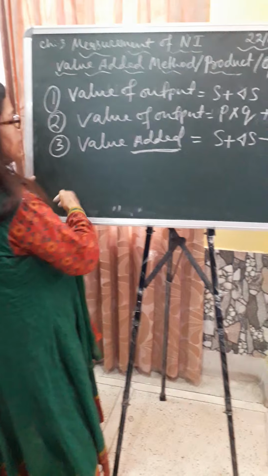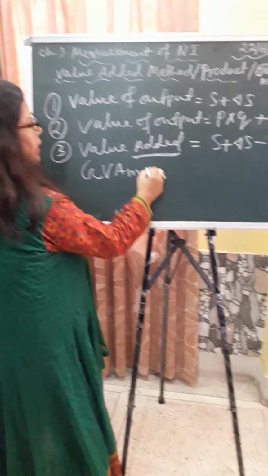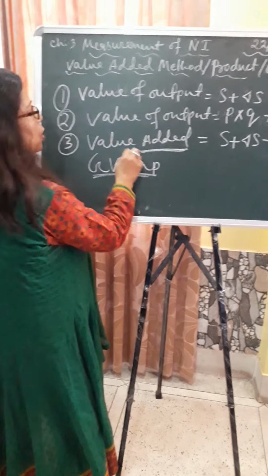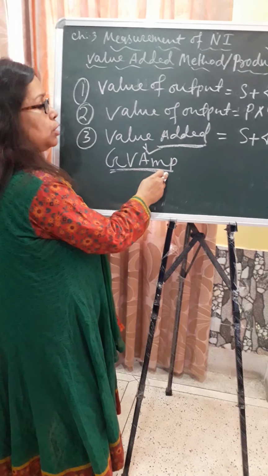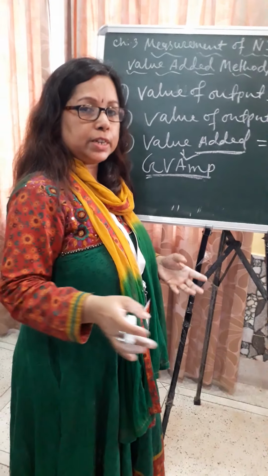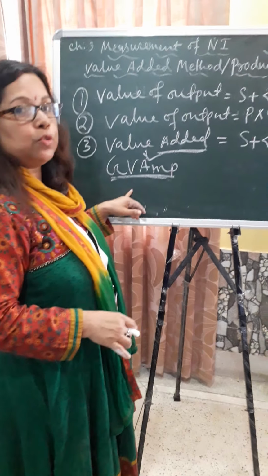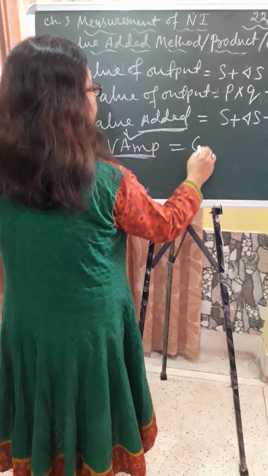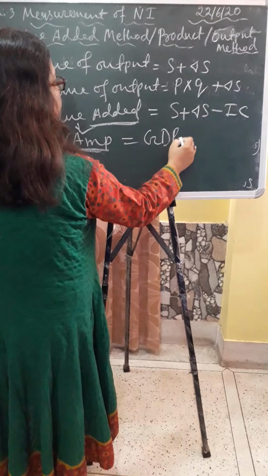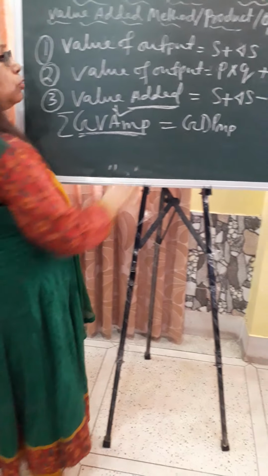So it is known as gross value added at market price. So when the total enterprises producing or adding value in a year, the summation of GVAMP equals GDP-MP.